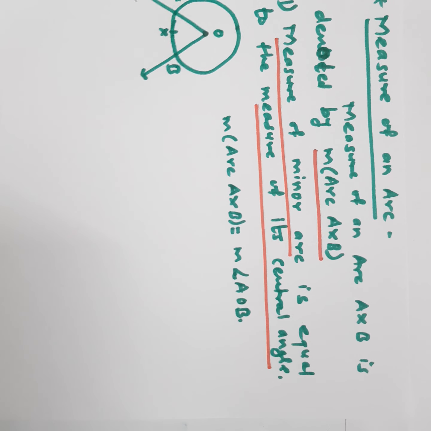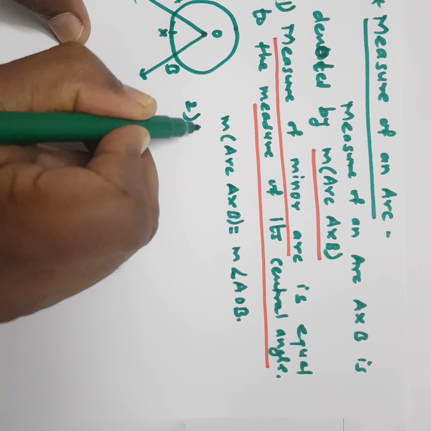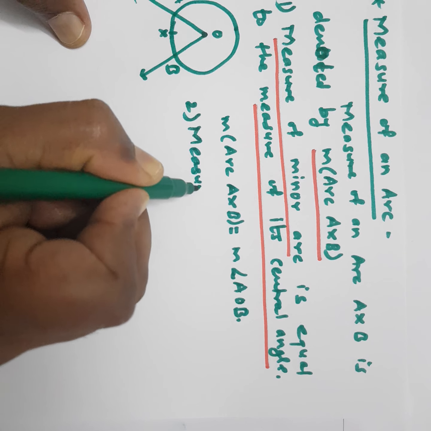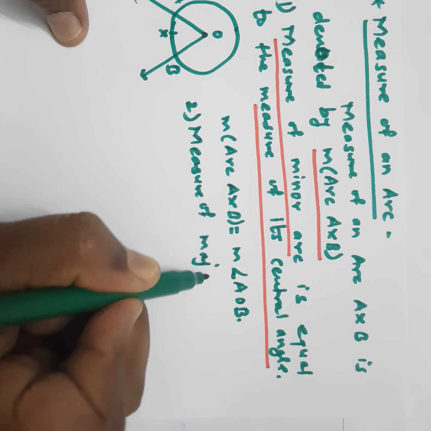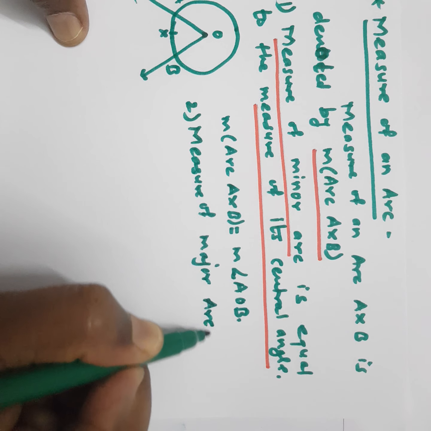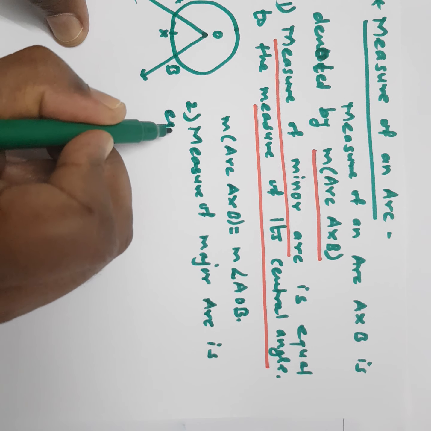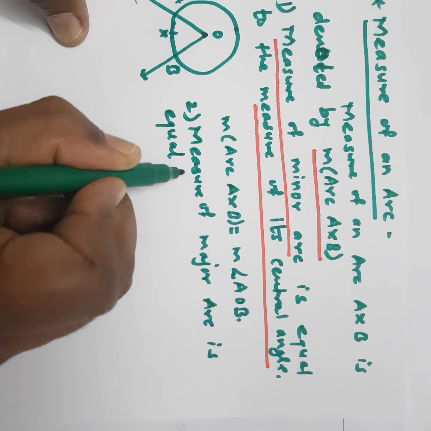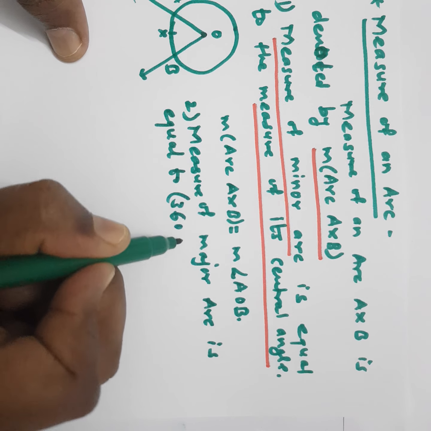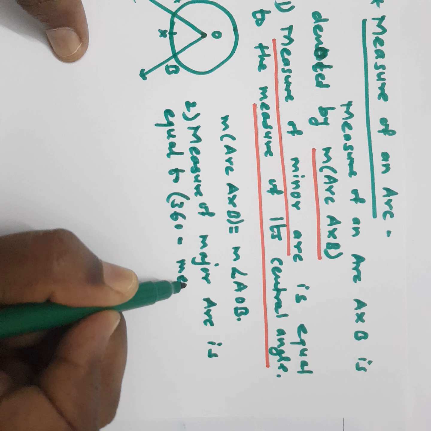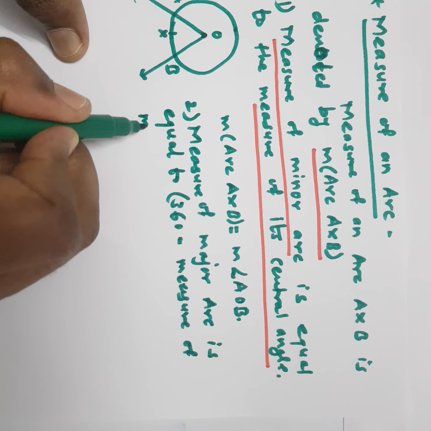Then second, the measure of a major arc is equal to 360 minus the measure of the minor arc.